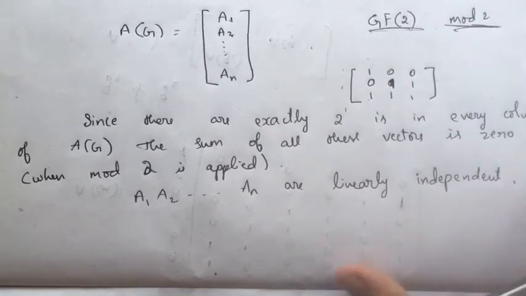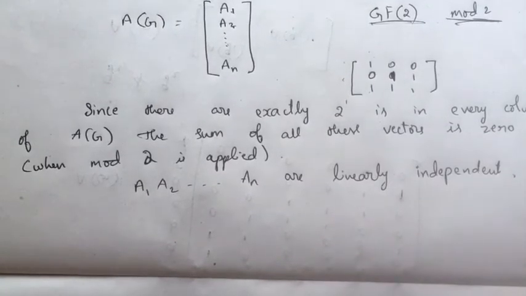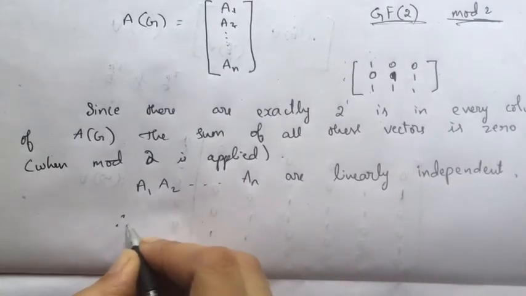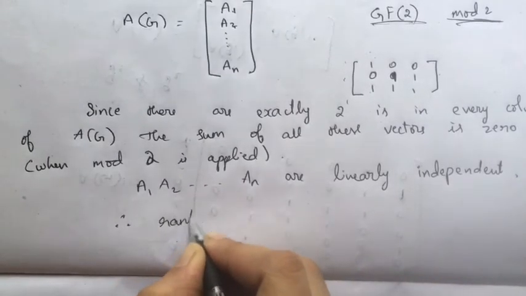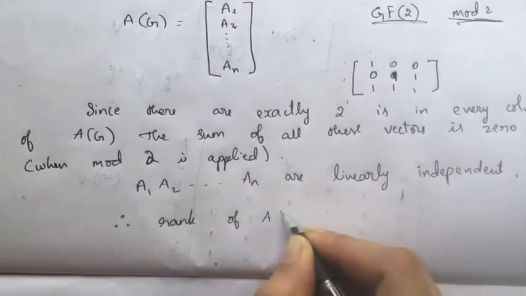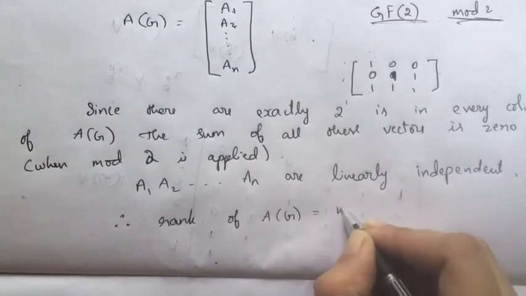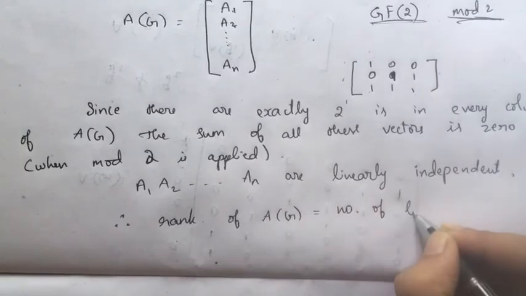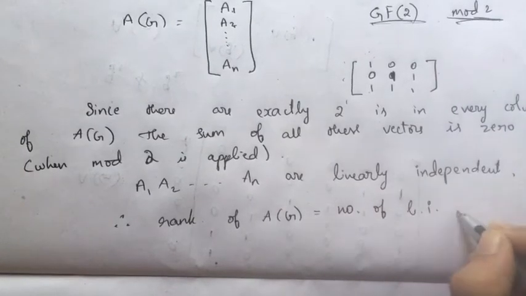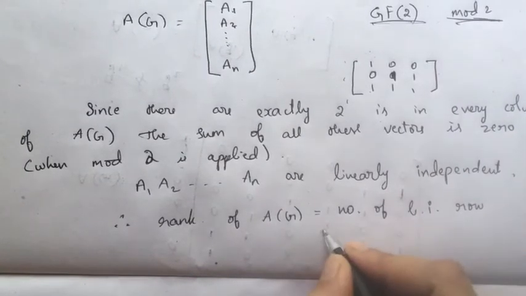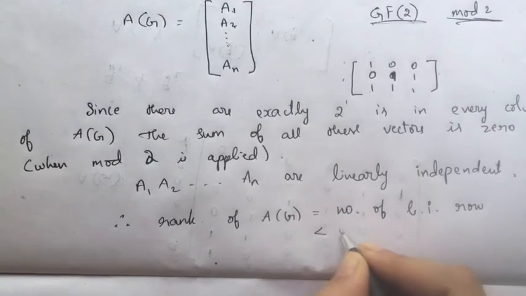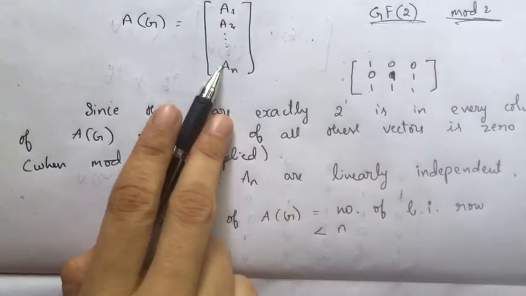We know that the rank of a matrix is the number of linearly independent rows. Therefore, the rank of A of G, which is equal to the number of linearly independent rows, must be less than n in this case.